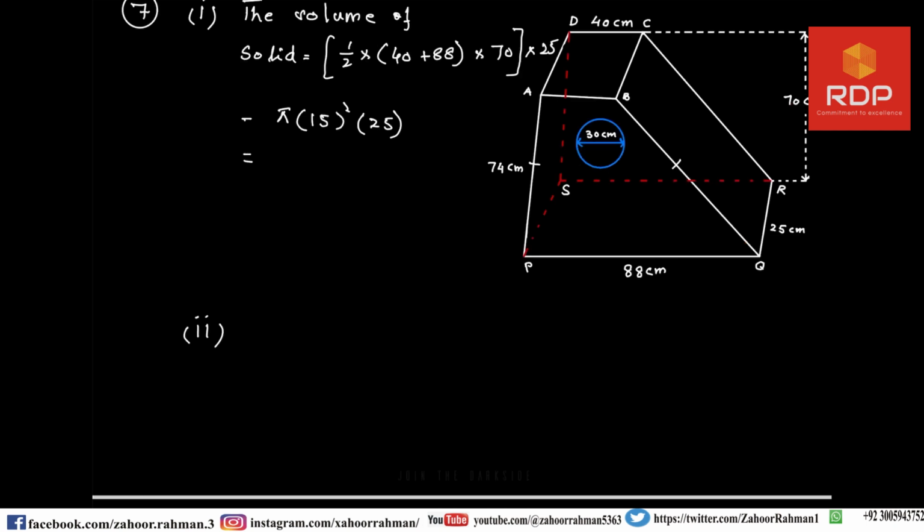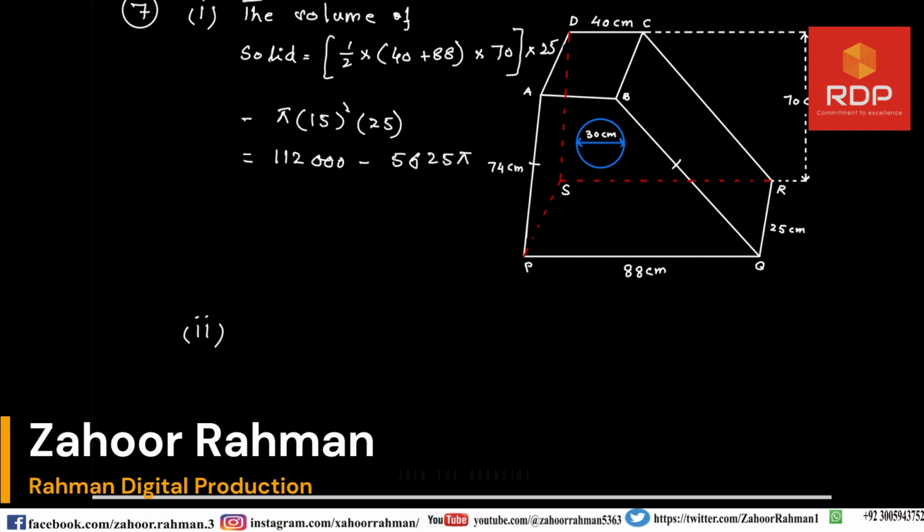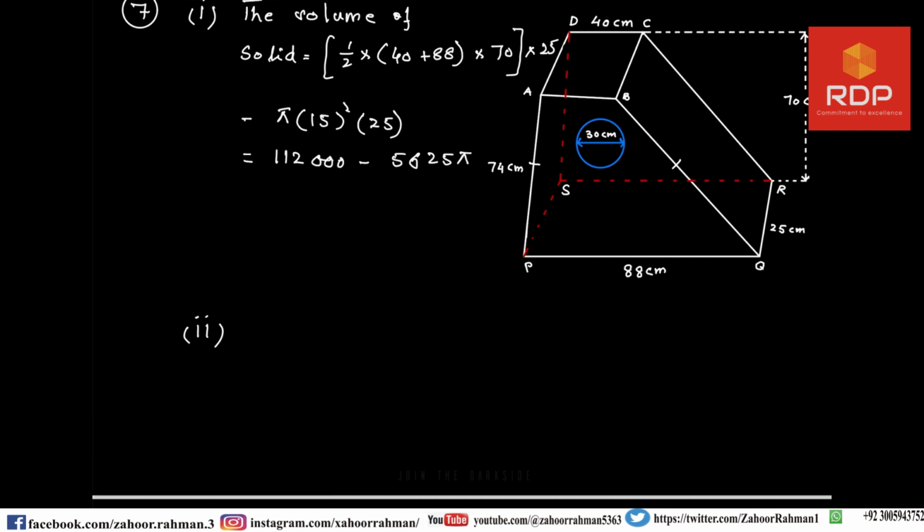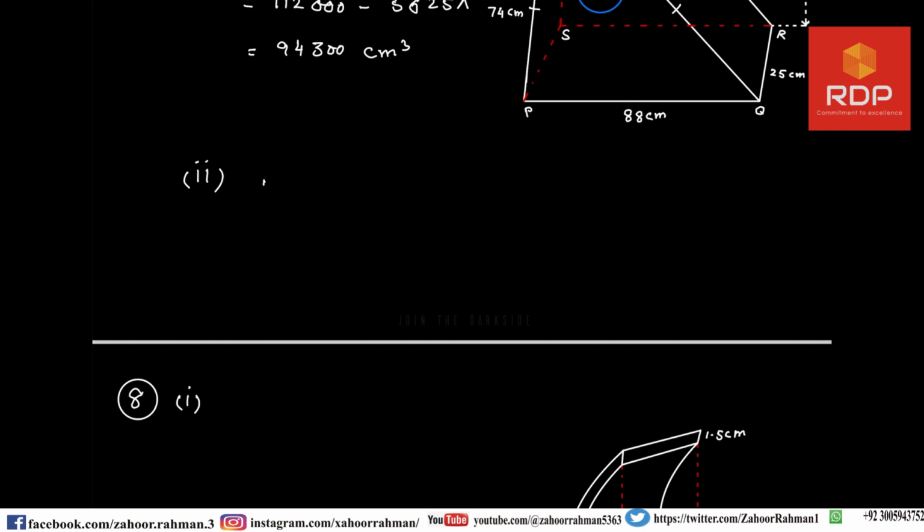From the first part we will get 112,000 minus 5,625 pi, and then we will get the final answer, which is 94,300 centimeter cube.